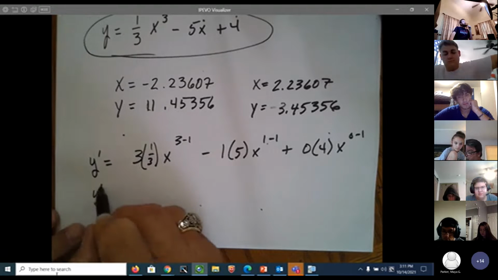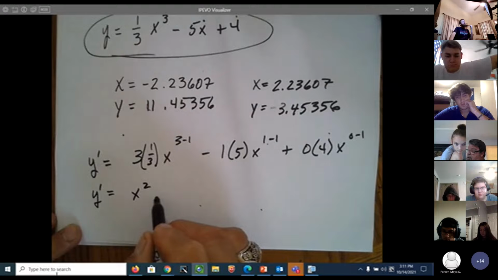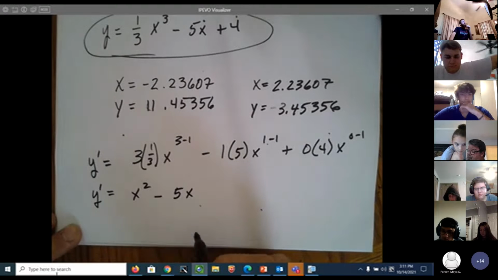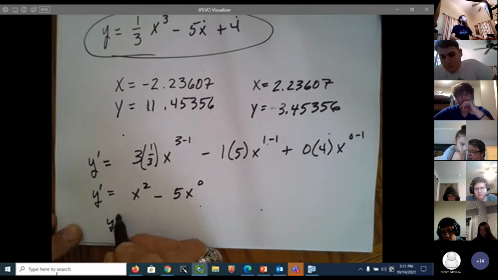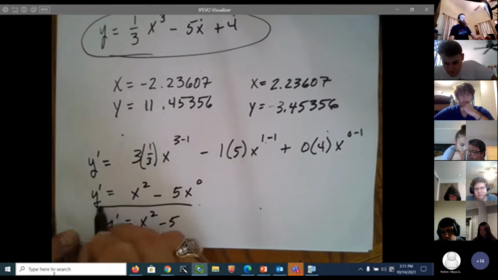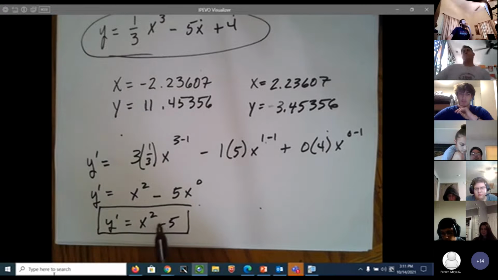Y prime is equal to x to the second minus 5x to the 0. So y prime is equal to x squared minus 5. Everybody with me? Now, that is the equation for the slope of the line.